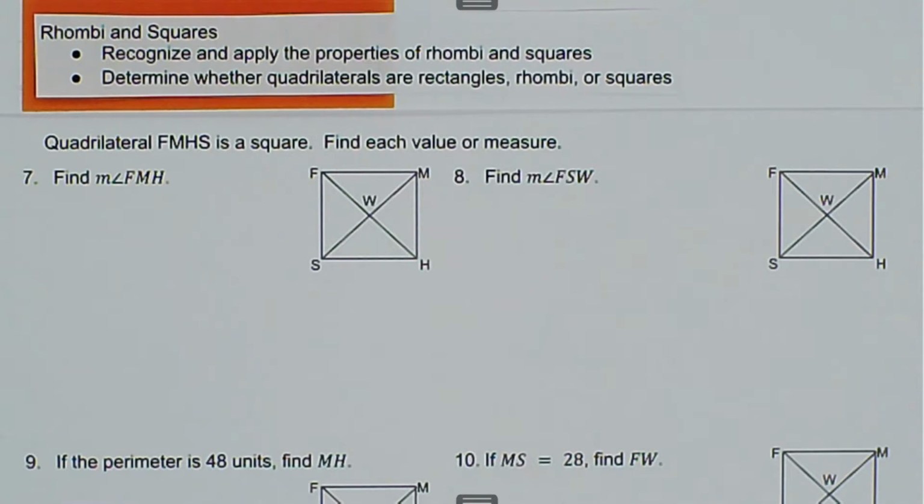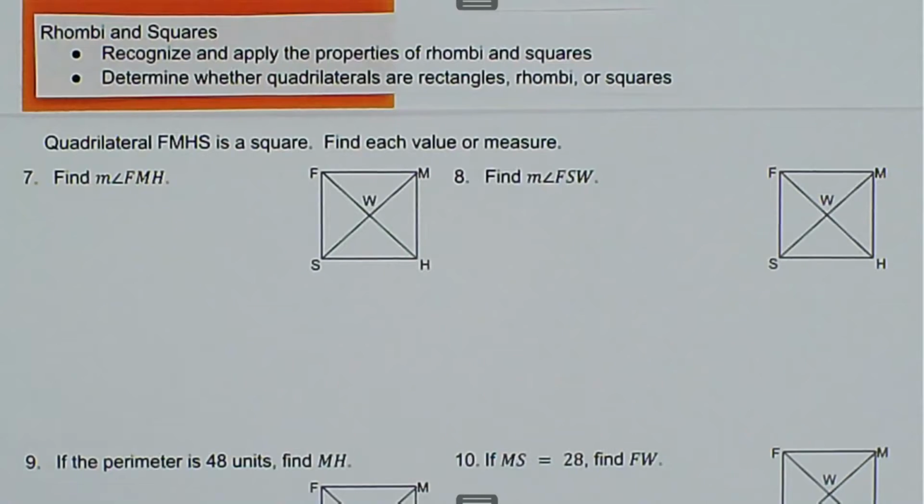We are talking about squares, and we want to recognize and apply properties of squares. So here it says quadrilateral FMHS is a square. Find each value or measure. So number 7, find the measure of angle FMH.